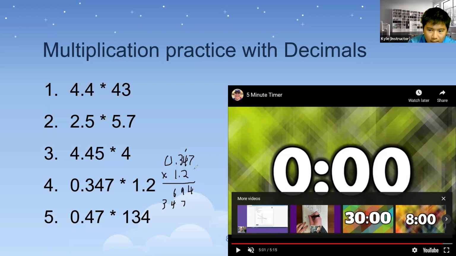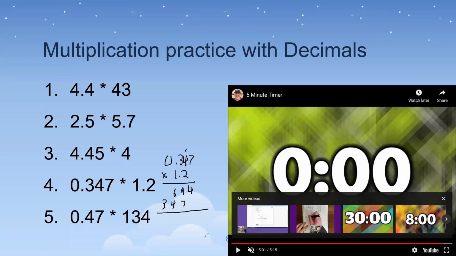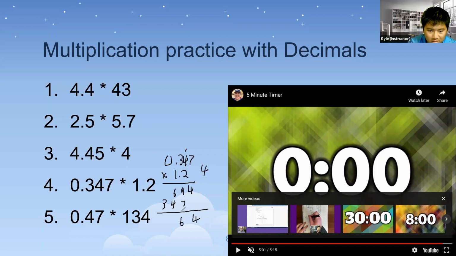Then Andrew, how many digits are there in the decimal places this time? Four. Yes, 4. So once we finish this, we go 1, 2, 3, 4. So you get 0.4164, which most of you answered correctly. So that was it. Cool.